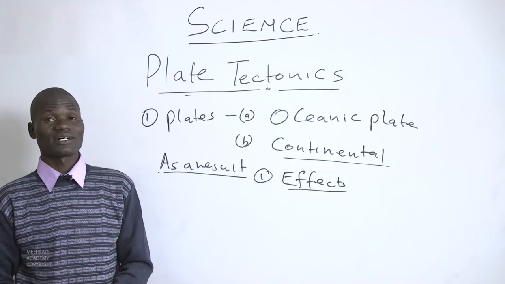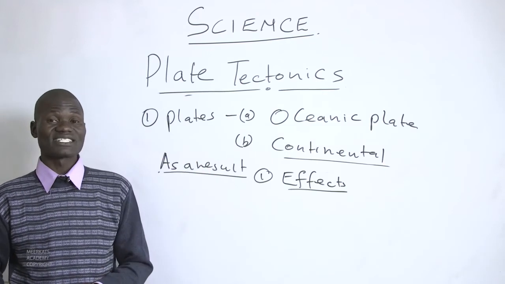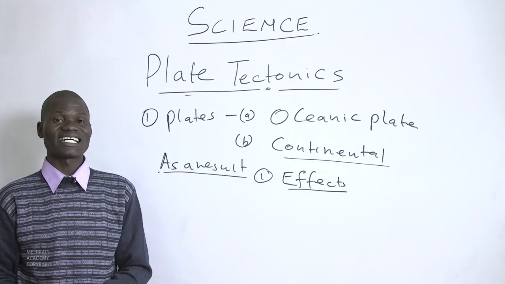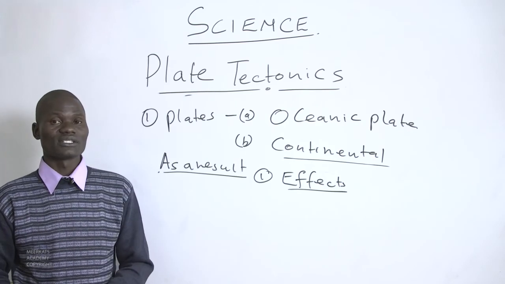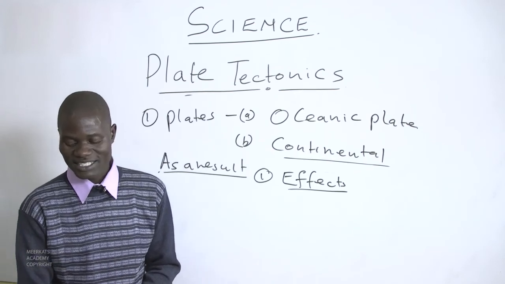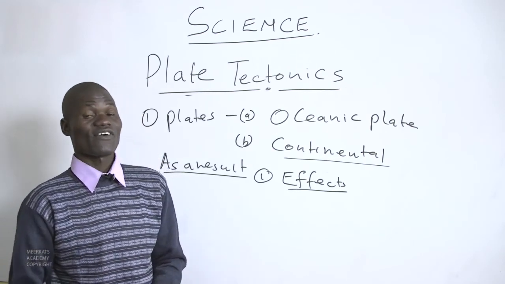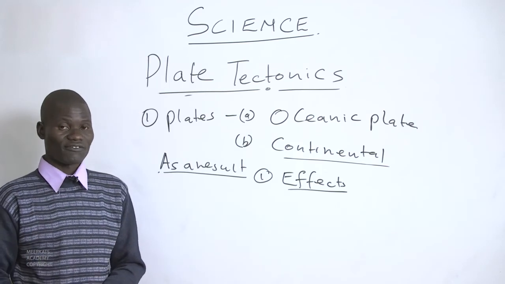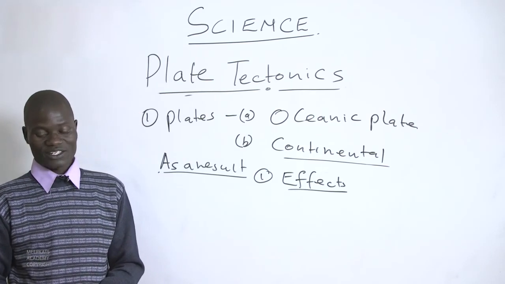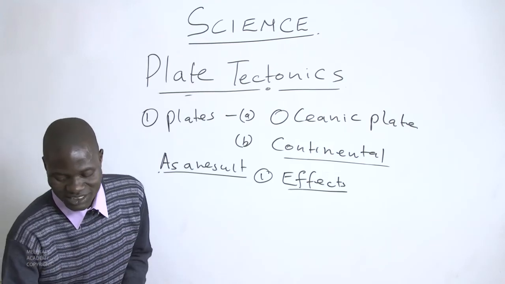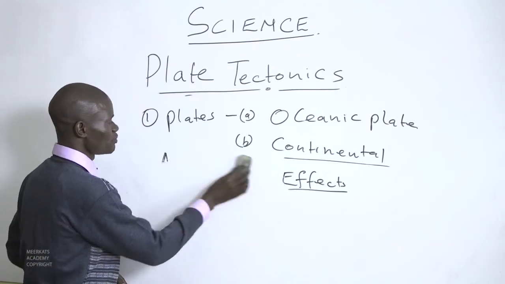Having been able to look at both plate tectonics and the continental drift, we are able to understand now the origin of the continents according to a scientist who first postulated it around 1912. And we are able to understand what happened around this large body.